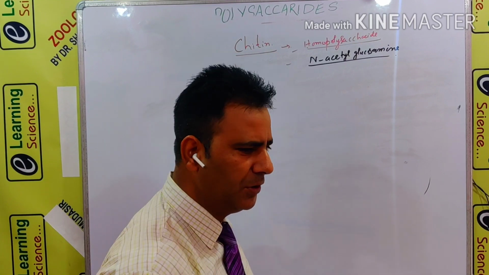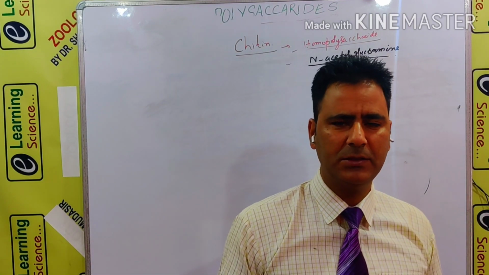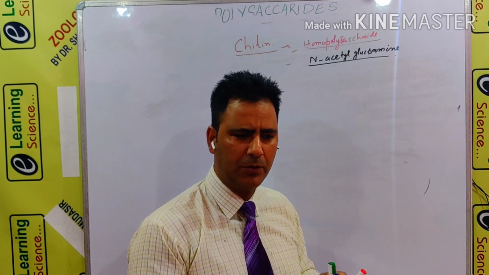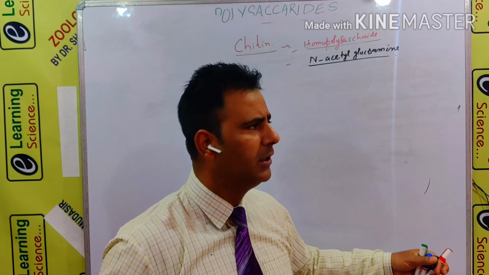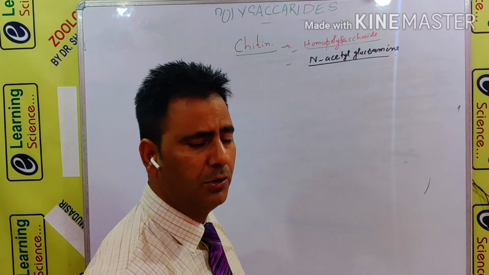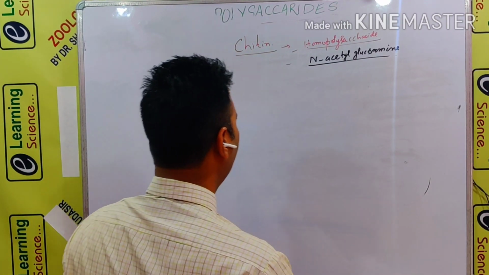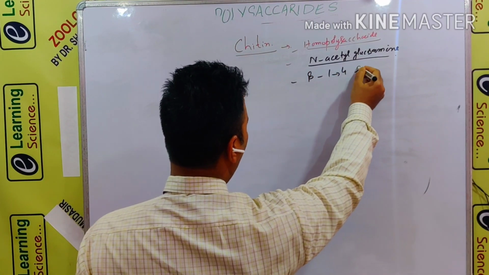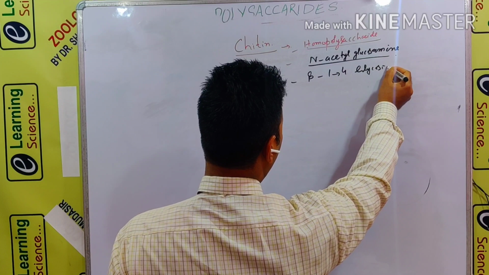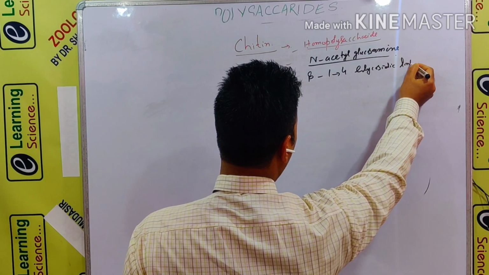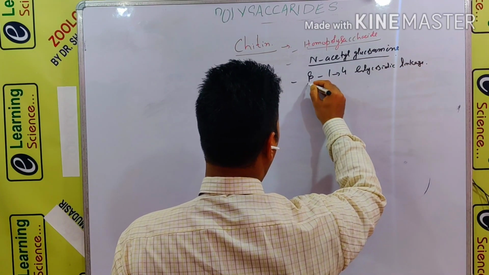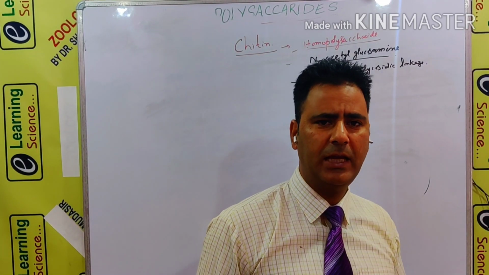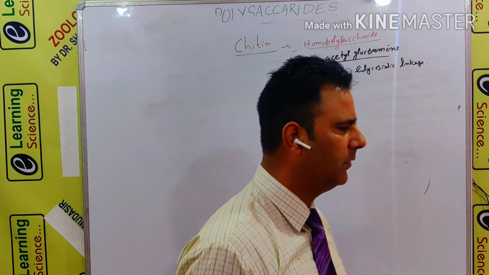If the repeating unit is of a single type, N-acetyl glucosamine, repeating time and again, then this is not a heteropolysaccharide but a homopolysaccharide. Here the linkage is beta 1,4 glycosidic linkage, because N-acetyl glucosamine exists in beta form.